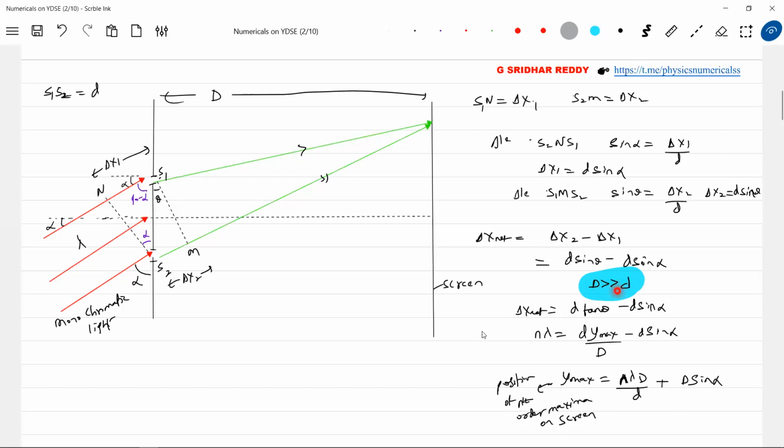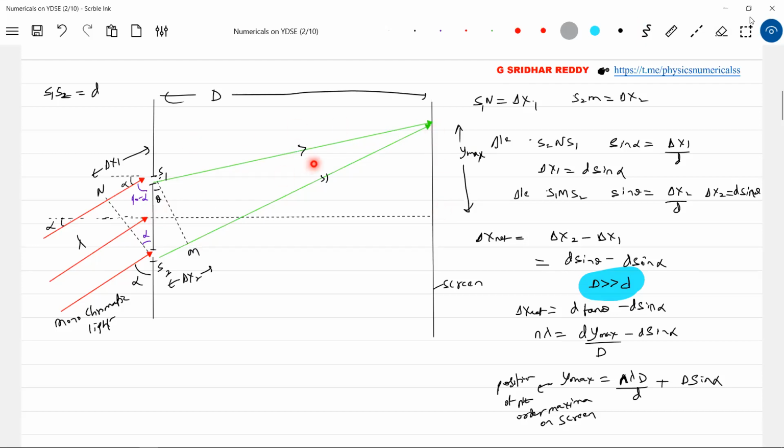All of you, look here. So capital D will be very much greater than small d. Because of that, the sine theta we are making as tan theta. Theta very small will become tan theta. Tan theta further, I'm writing as y max by capital D.